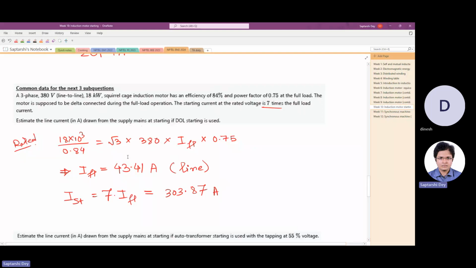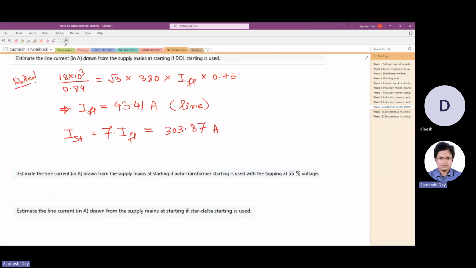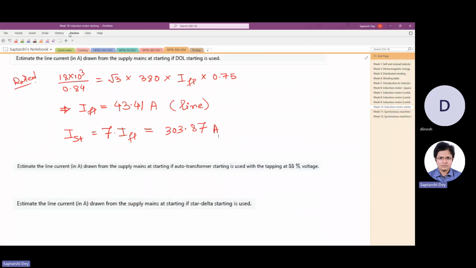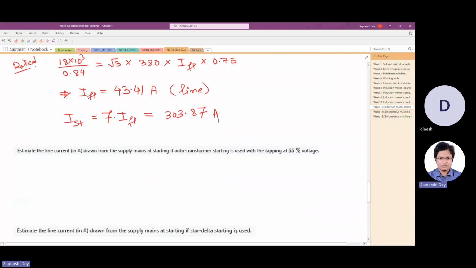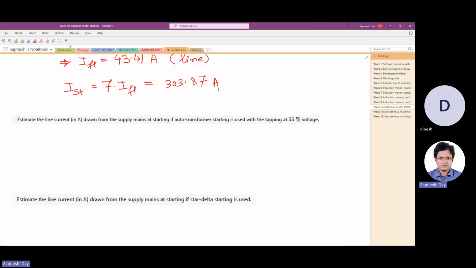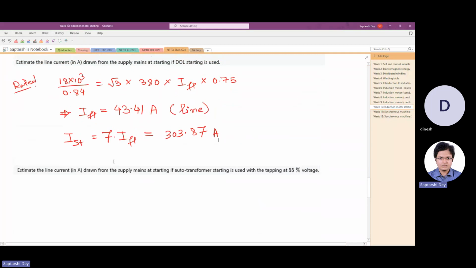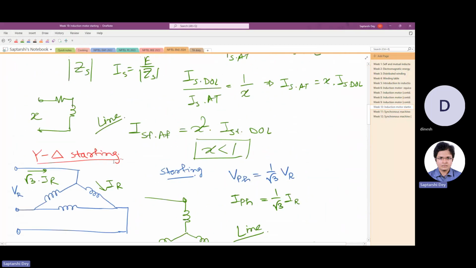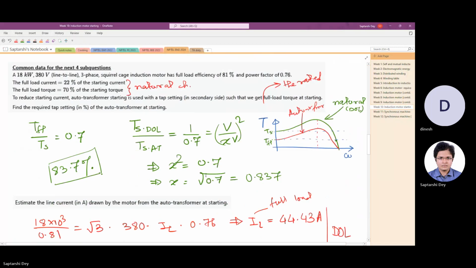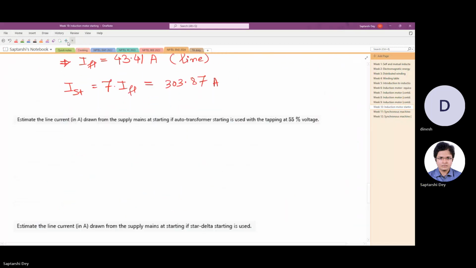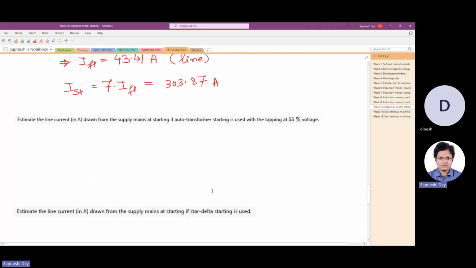Now the question is, estimate the line current drawn from the supply mains at starting if auto transformer starting is used with the tapping at 55% voltage. We already derived that the current becomes x squared. If you are unsure in the exam, do not use the formulae, which is x squared, which is x. Simply do it step by step.